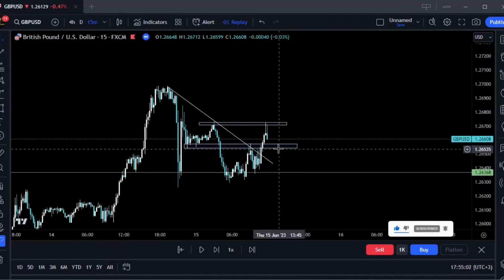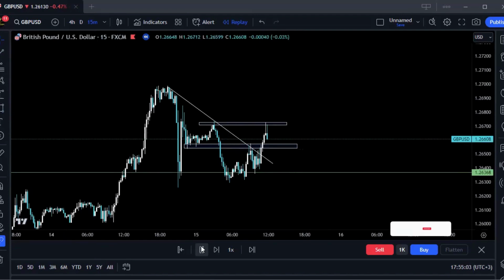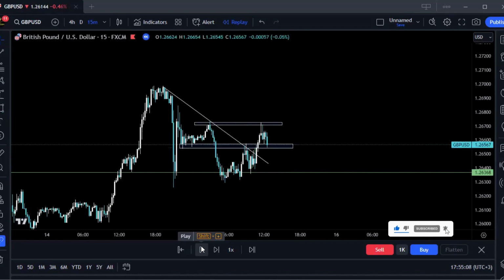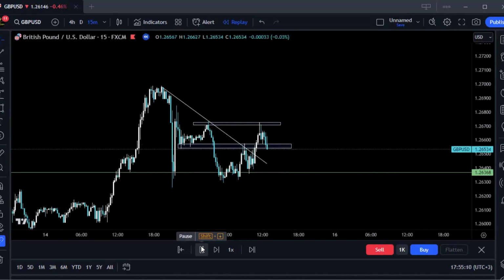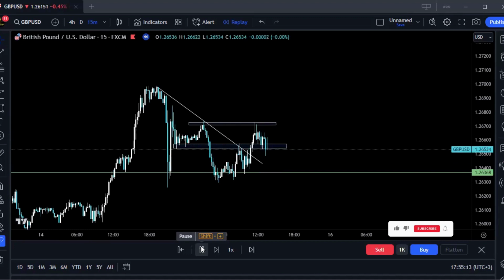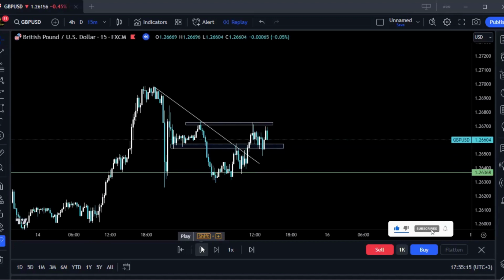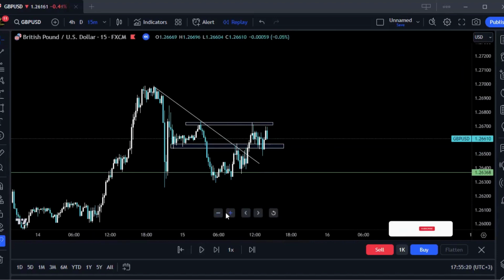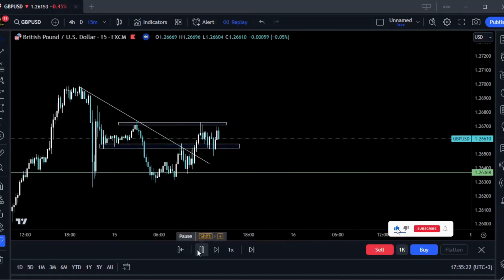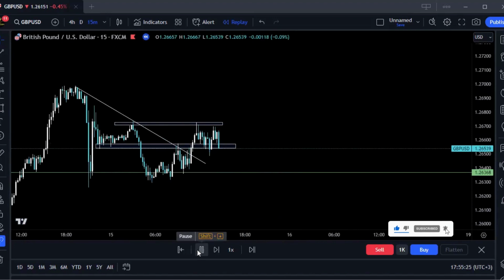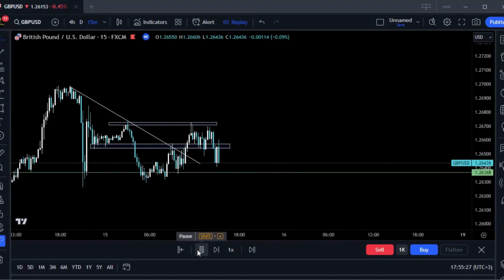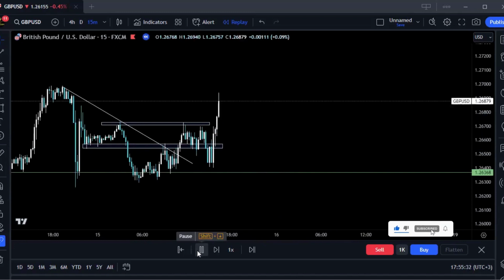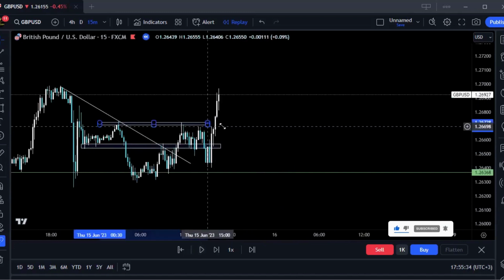Should prices bounce off here, I'll be looking for a buy. Even more consolidations. Okay, prices have created a lower trend. Lower. Okay, so prices have broken above there.